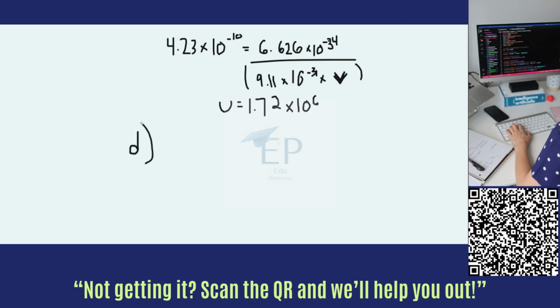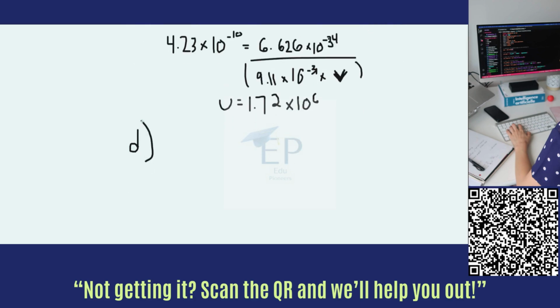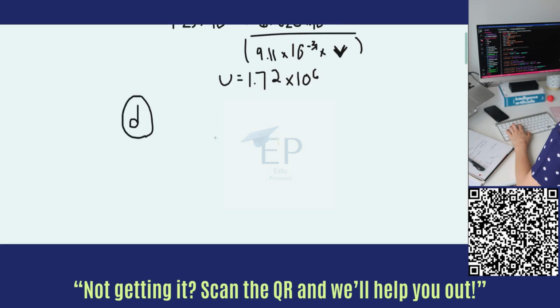All right, and then for the last one, we are asked about kinetic energy. So kinetic energy is equal to 1/2 mv squared. And if you take physics, this is definitely something you're going to want to memorize.